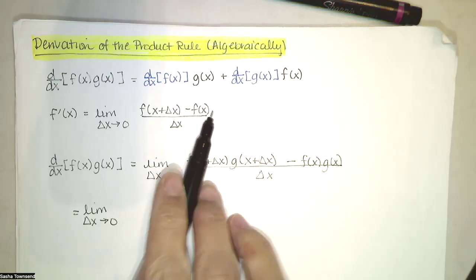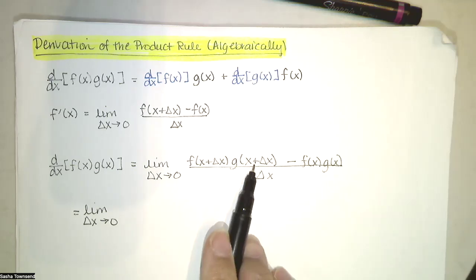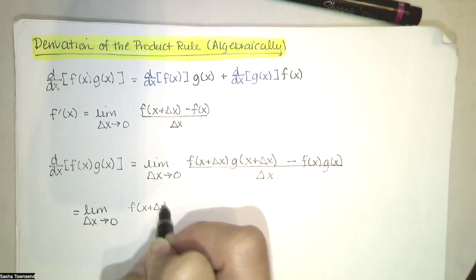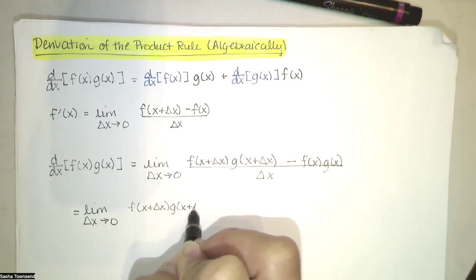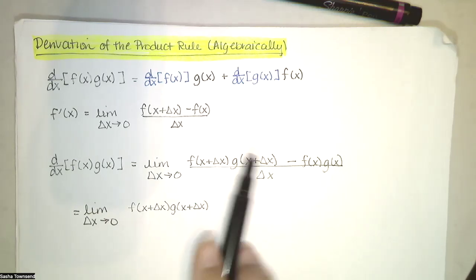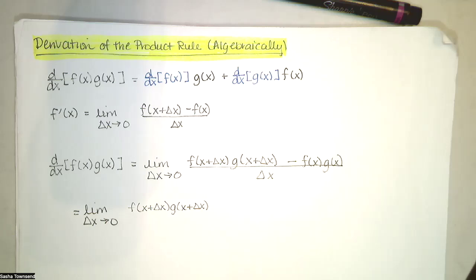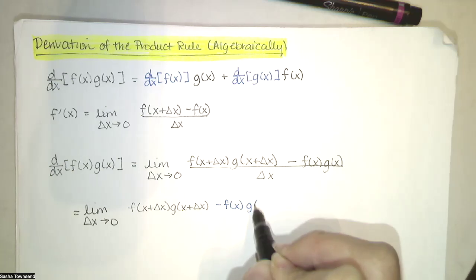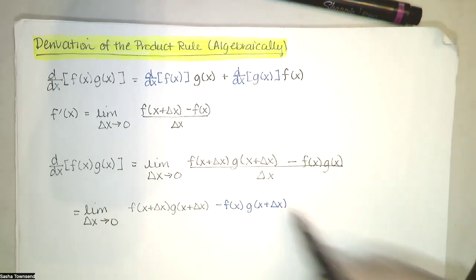But I want to be able to factor out this g of x plus delta x. So we'll write down our first expression in the numerator. And I'm saying I really want a negative f of x times the same thing so that I can factor out that g of x plus delta x from this expression right here.